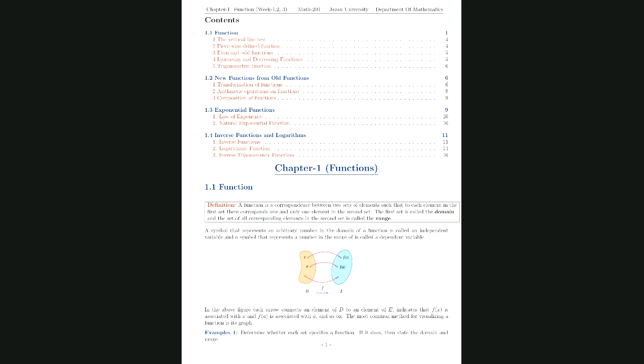A function f is a rule that assigns to each element x in the set D exactly one element called f(x) in the set E. Okay. What is function?